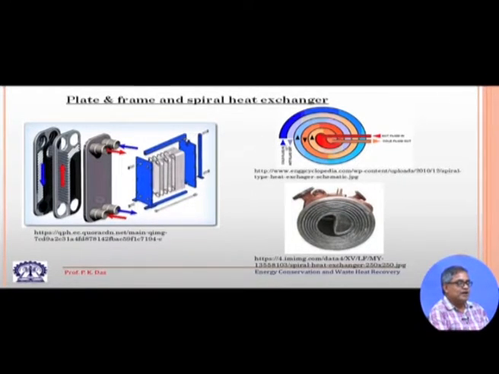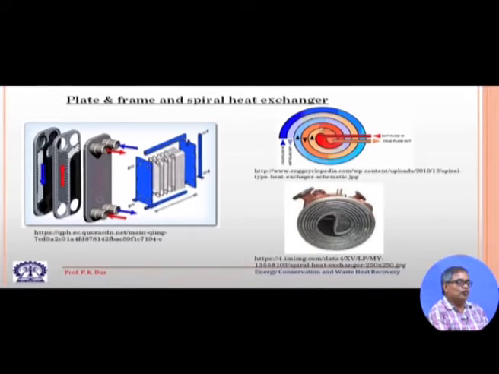You can see the hot stream is denoted by red color, and the cold stream is denoted by blue color. The hot stream enters here at the central location of the heat exchanger.